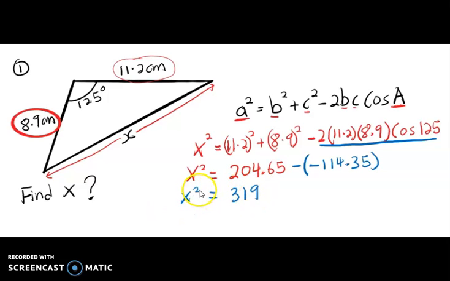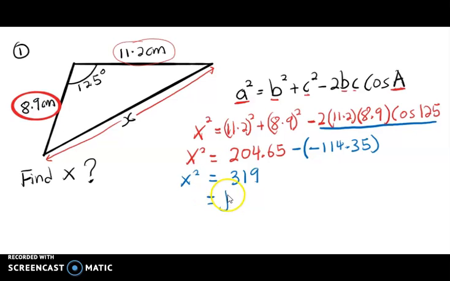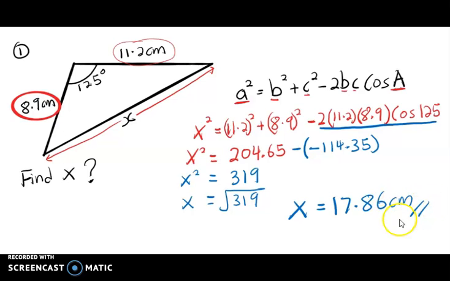The square, we move to the opposite side, and it becomes the square root of 319, and you will get your answer x equals 17.86 centimeters. This is your answer. So this is how to solve the first case.